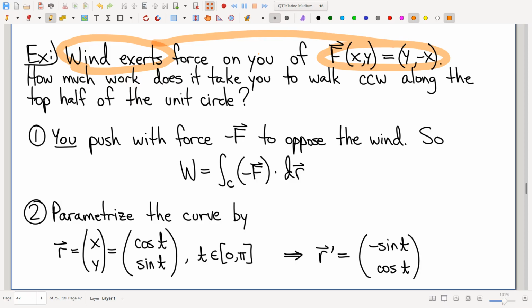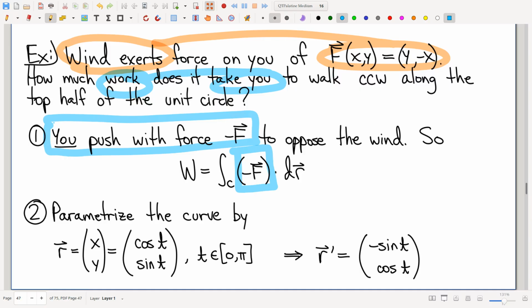But we are asked to compute the work that you exert, that you perform. If you want to know the work you perform, you've got to use the force that you exert, right? And you are pushing with a force which is the opposite of the force that the wind is exerting on you. Does that make sense? Thus the minus sign in there.